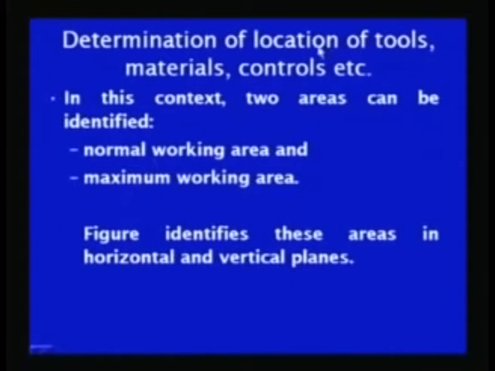The location of the tools, materials and controls is decided in light of the anthropometric data of the operator or the group of operators, and that is based on the normal working area concept and the maximum work area concept. The figure in the next slide will show what the normal working area is.